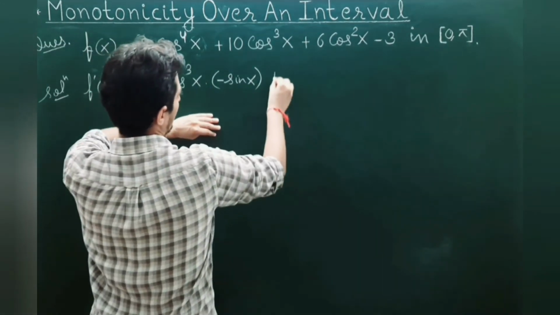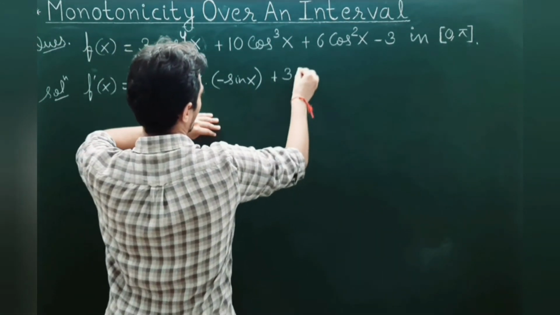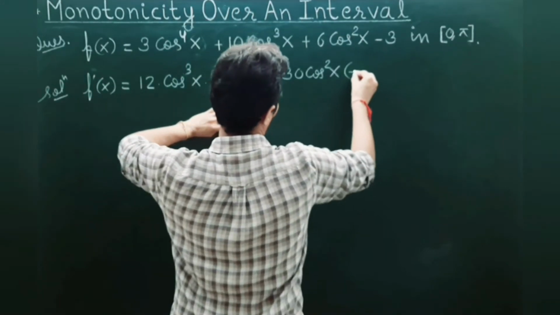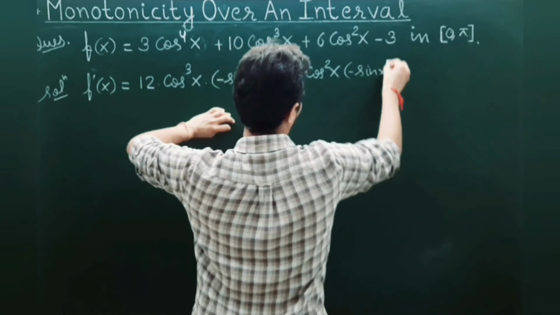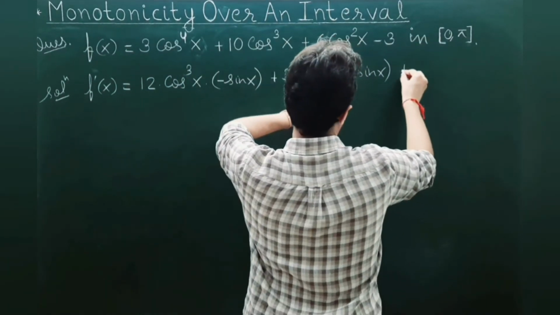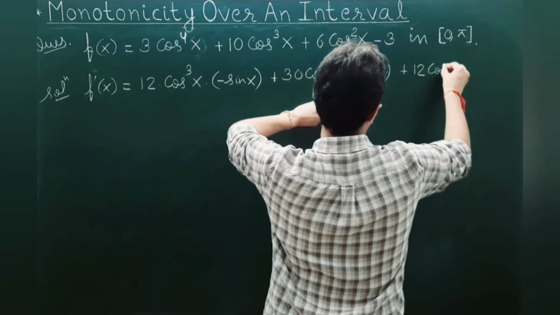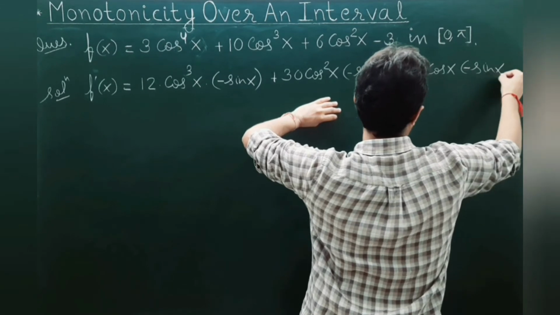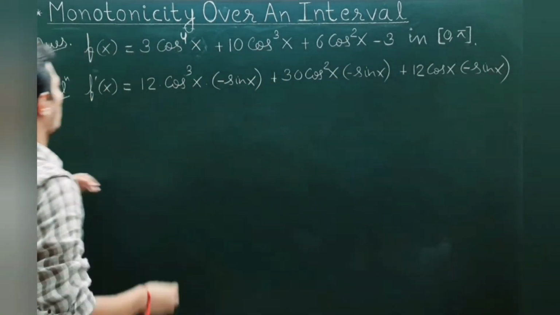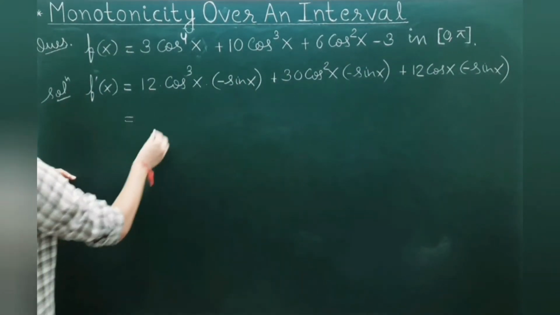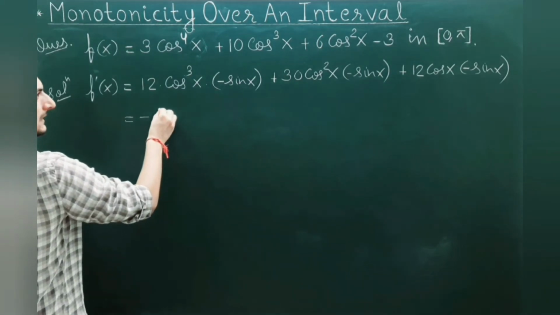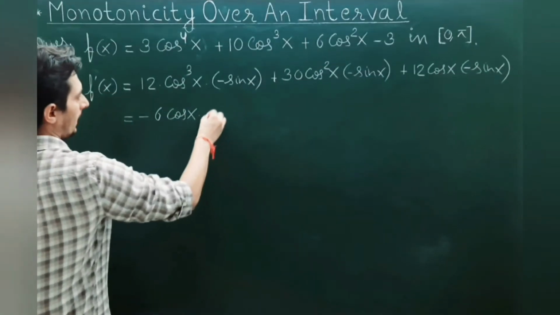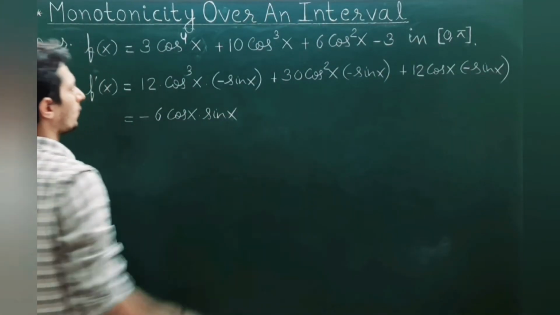Then I have this 30 cos square x and again minus sin x, and 12 cos x and minus sin x. Okay, so what I can see is that minus 6, or rather 6, cos x and sin x is common.